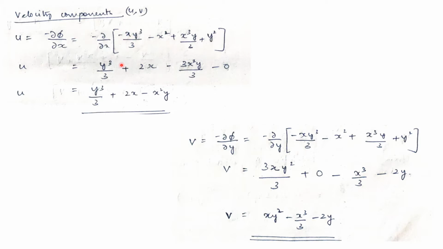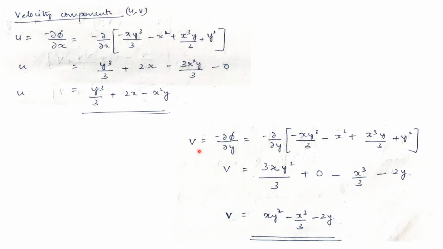So y cube by 3 plus differential of x square, that is 2x, plus differential of x cube, that is 3x square, into y by 3, and differential of y square with respect to x would be 0. And taking the negative inside, you'll get positive over here, again positive over here, again the negative inside, you'll get negative over here, and this term cancels out. So you'll get y cube by 3 plus 2x minus x square. So this is the velocity in the x-axis.